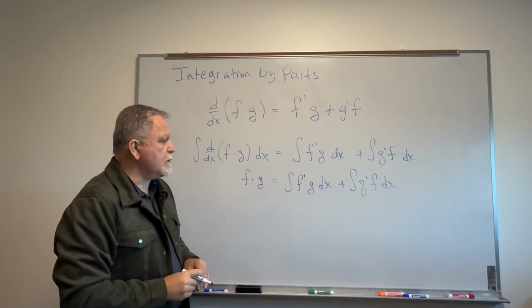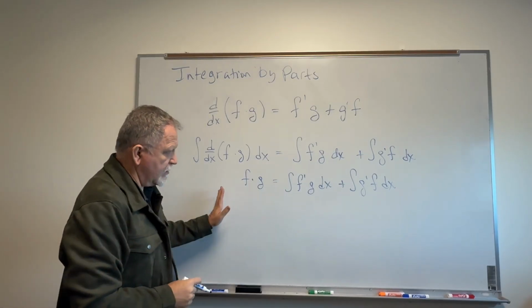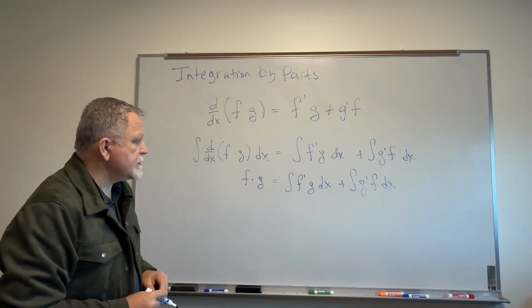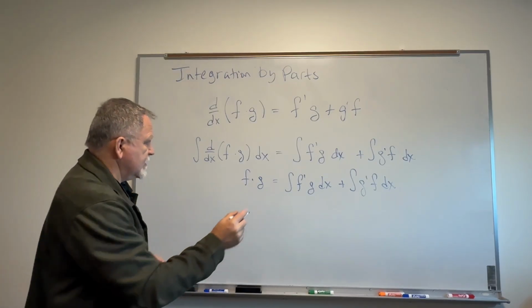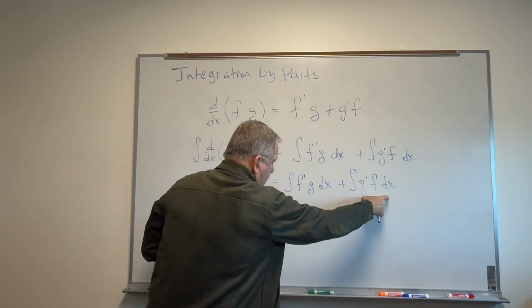Well, what we can do is bring one of the functions over to the other side here, and we can express one integral in terms of the other integral. So let's just do it like this. I'm going to rewrite this.